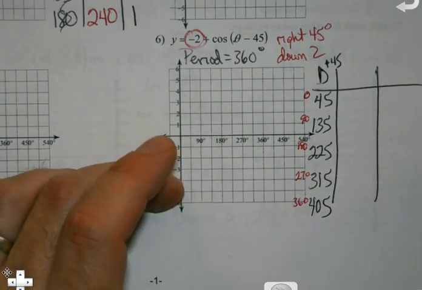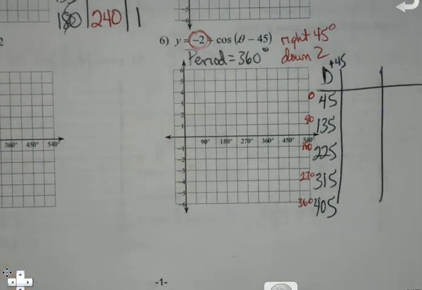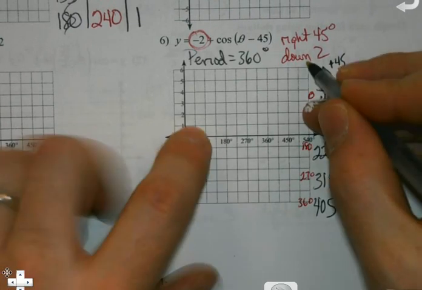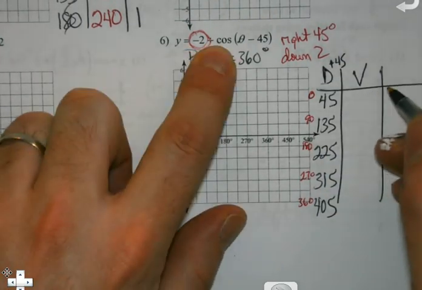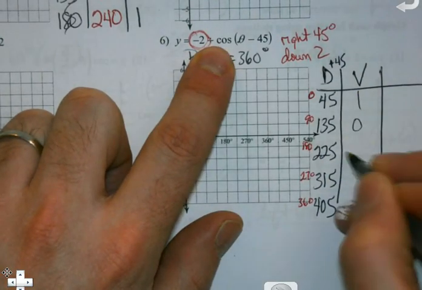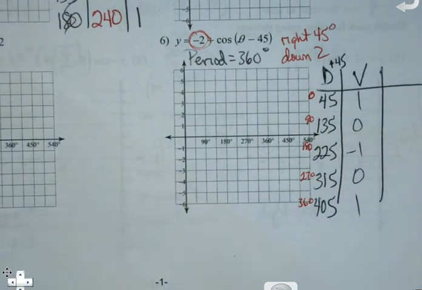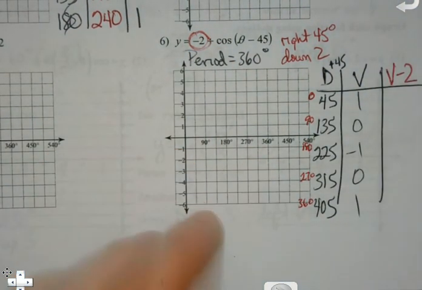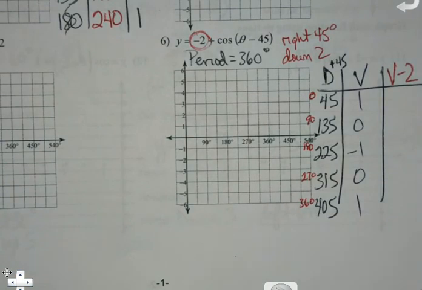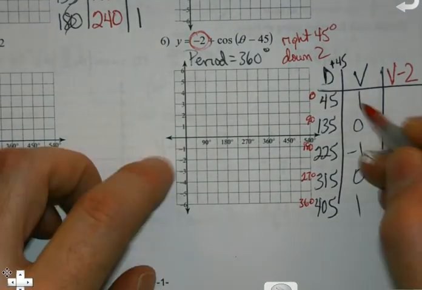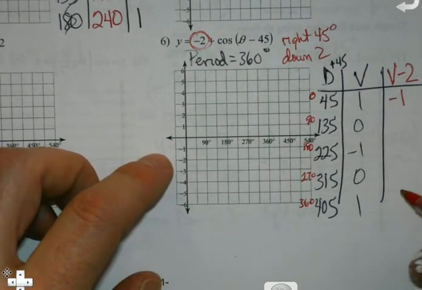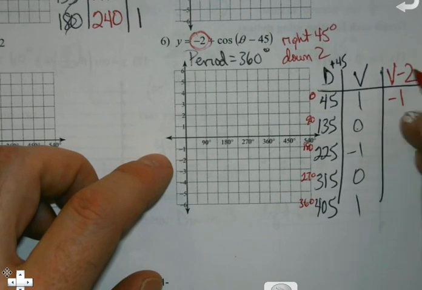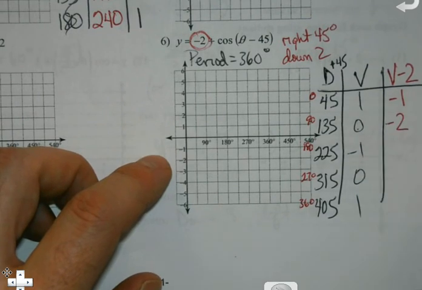Normally, my values, if I didn't have this extra downshift, using cosine would be 1, 0, negative 1, 0, 1. But I'm going down 2, so I'm going to subtract 2 from that value. So 1 minus 2 is negative 1. 0 minus 2 is negative 2.